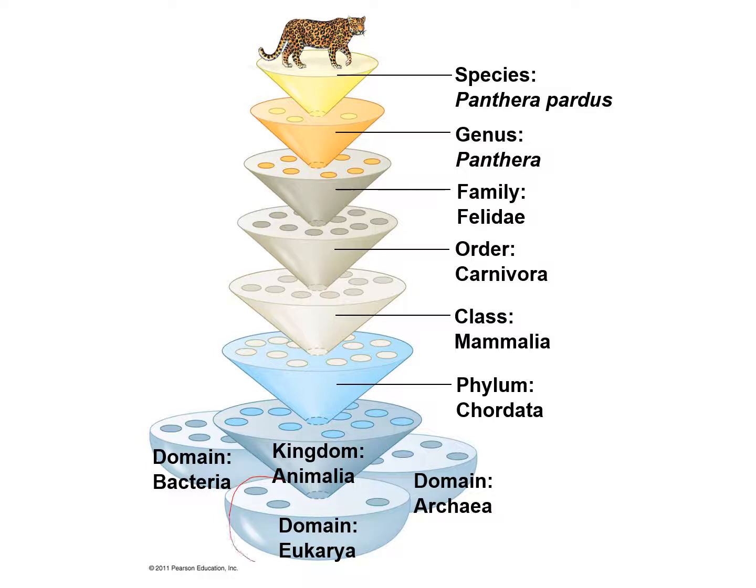And a leopard, of course, is going to be in the domain Eukarya, made up of eukaryotic cells. It's going to be in the animal kingdom, along with all other animals. The phylum for the leopard is Chordata. These are animals that mostly have backbones. That's not the defining feature of the chordates. We'll come back to that later when we look at animals.